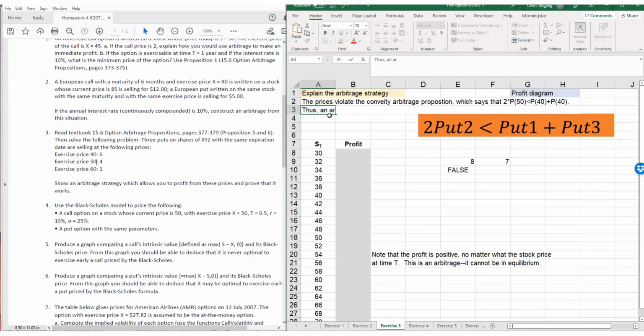Thus, an arbitrage strategy is to sell 2 of the 50 put so that you can get the left-hand side, which is 8, and to buy a 40 and a 60.